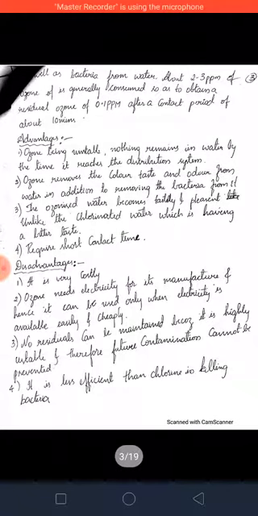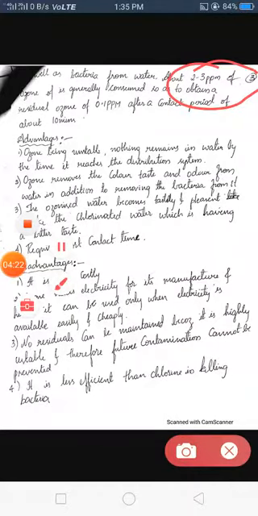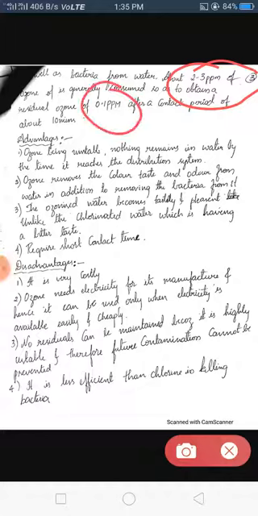The quantity of ozone is 2 to 3 ppm with a contact period of about 3 minutes. Next, the residual ozone, the contact period of 10 minutes, and the residual chlorine is 0.1 ppm.